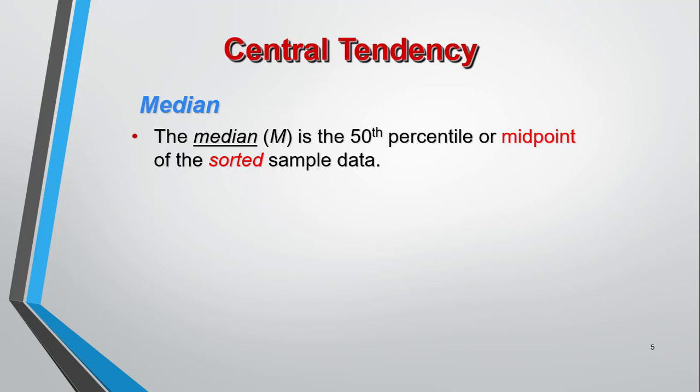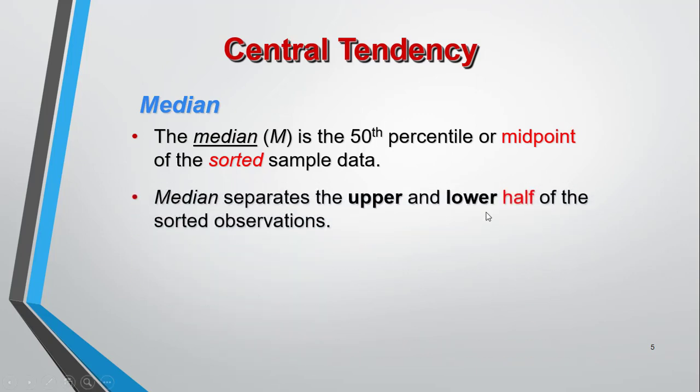You may ask, is there a middle one in any array of data? We'll get to that in a second. The median separates the upper and lower half of the sorted observations. Half of the data points are below the midpoint, and half are above it.